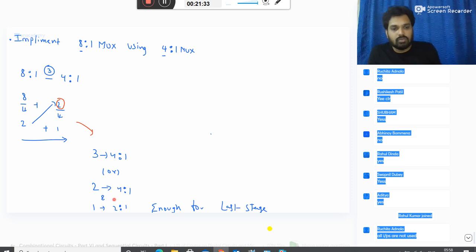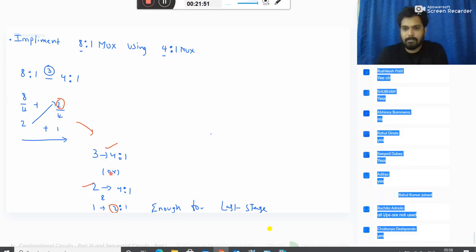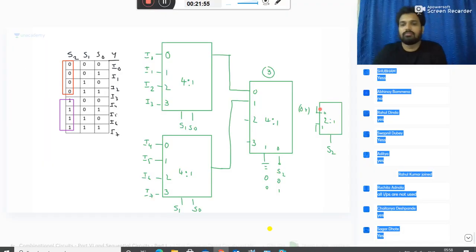This numerator is 2. That is the way you can answer the question. This is also okay. 2 4 by 1s and 1 2 by 1 is sufficient. Is it okay, everybody? Very good.